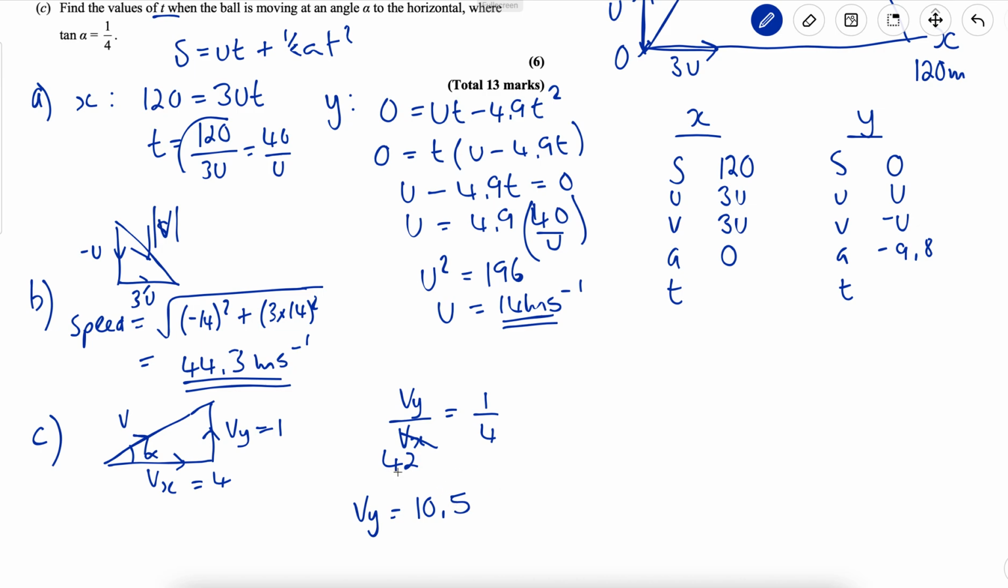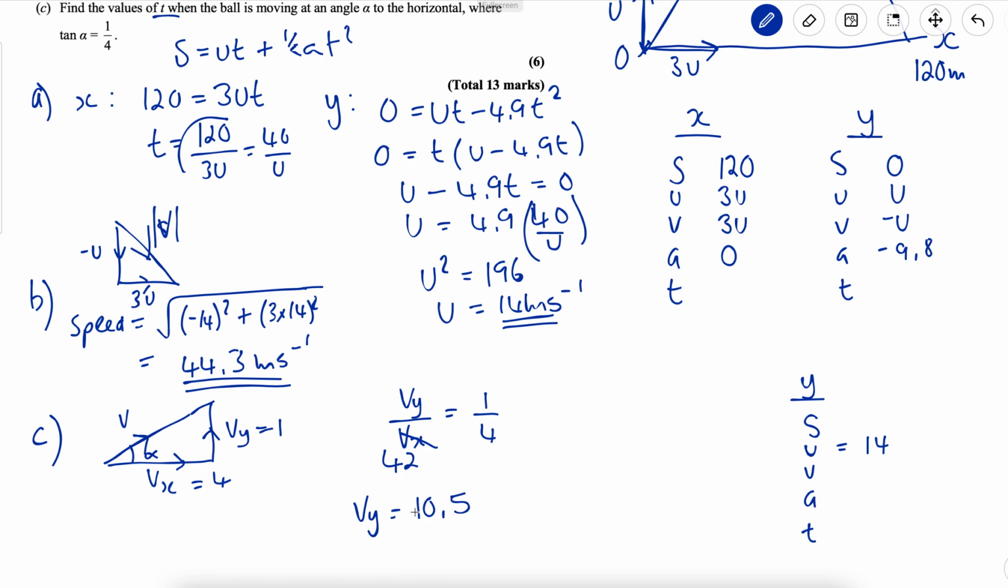I want to find the time when that happens, so let's just set up the new SUVAT equations. It's not really useful to use the x direction because the velocity doesn't really change there. So in the y direction, SUVAT: u is 14.